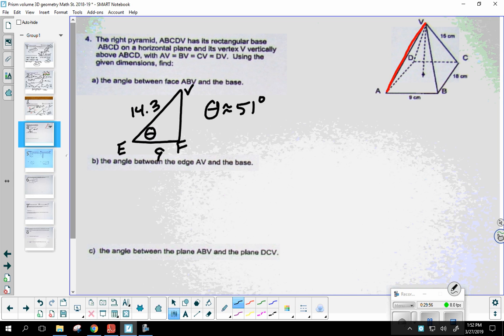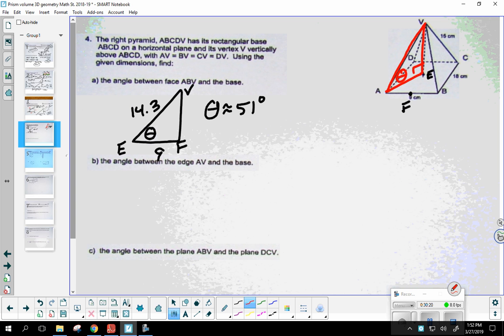So remember, we're calling this E, correct? And this was F, or was it vice versa? So I would probably connect A to what? I connect A to E, and then I'd be looking at this guy right here. So this is the angle that I want. Again, another right triangle completely contained within the prism. Is everybody okay with that?